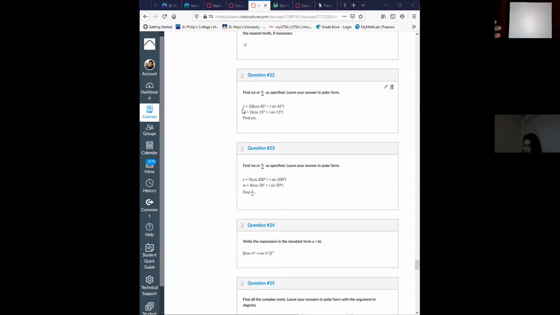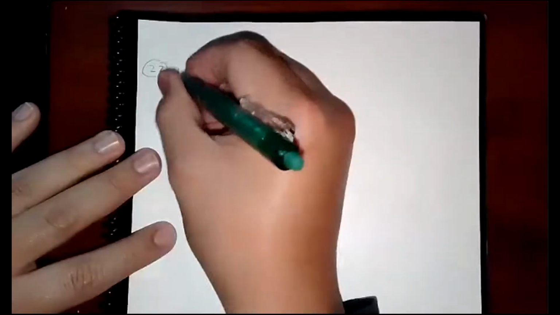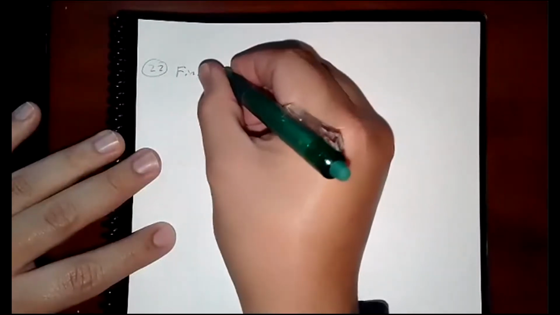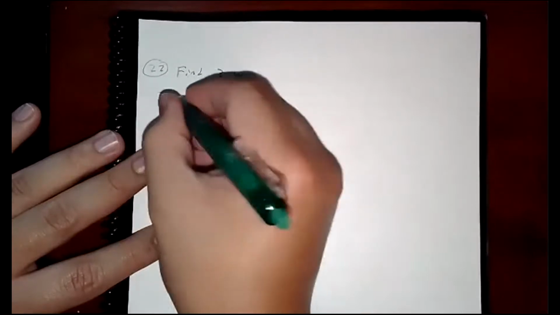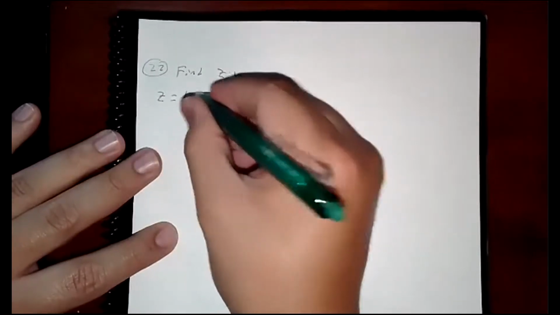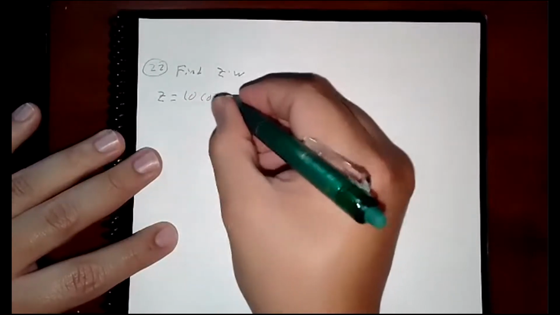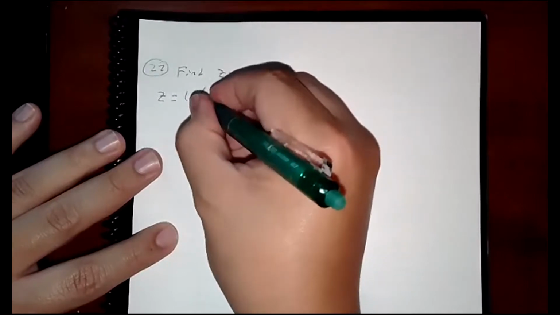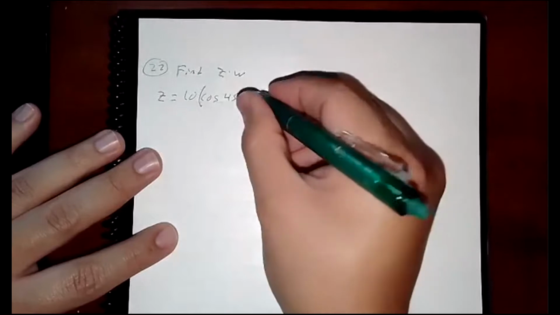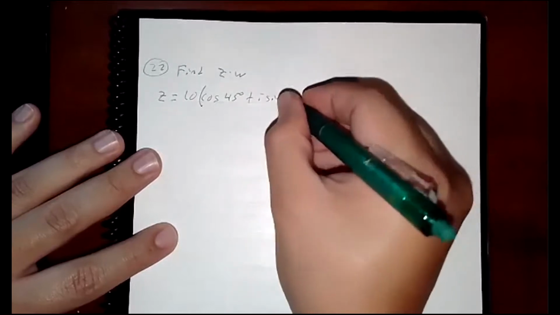Here they give us z and w and they want us to multiply. So they say find z times w, and then they give us z is 10 cosine of 45 degrees plus I sine of 45 degrees.